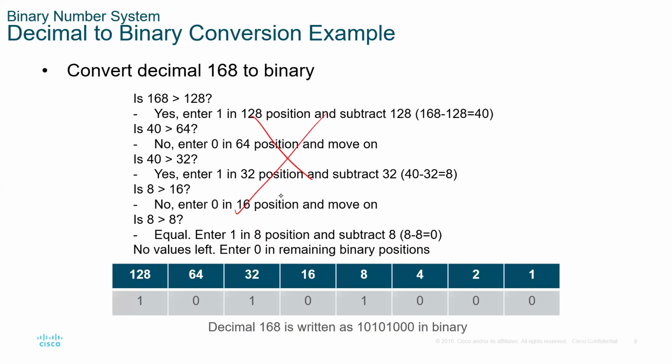Let me find mine. 179. Let me get a piece of paper. Okay. Let's find 179 in binary. Say my ones and my zeros in chat.